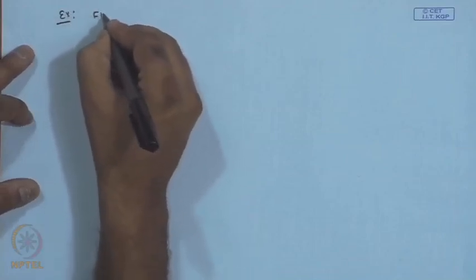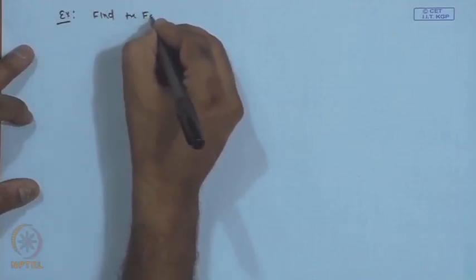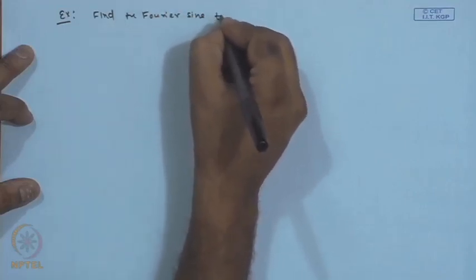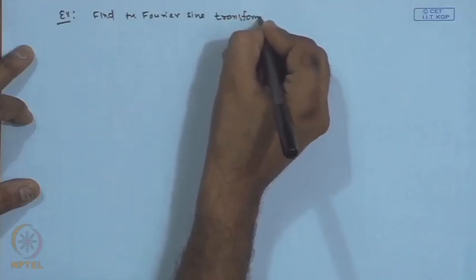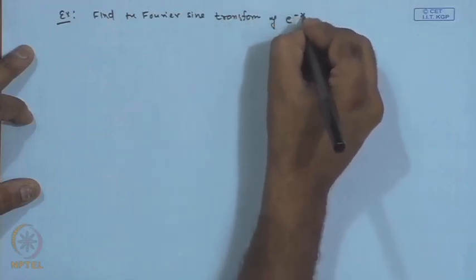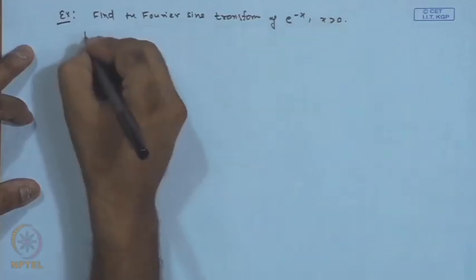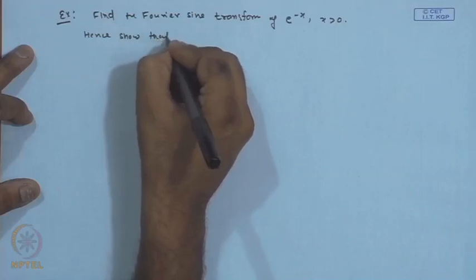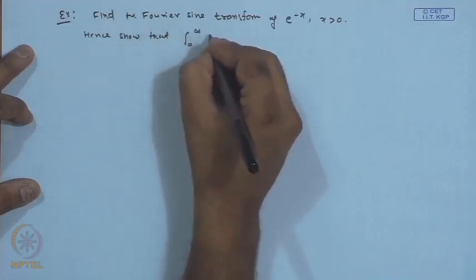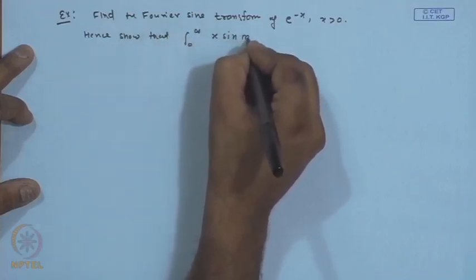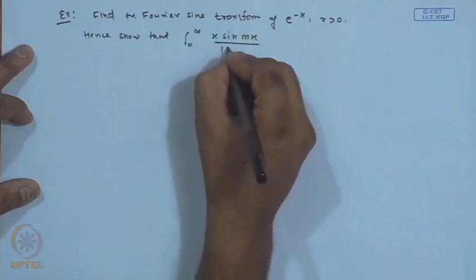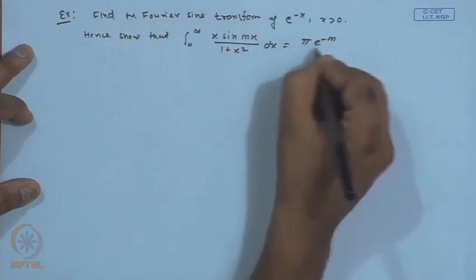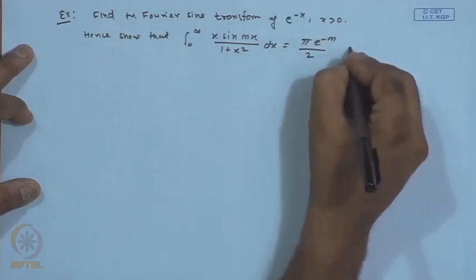Find the Fourier sine transform of e to the minus x, x positive, and then show that the integral from 0 to infinity of x sin(mx) over 1 plus x squared dx is pi e to the minus m over 2, for m positive.